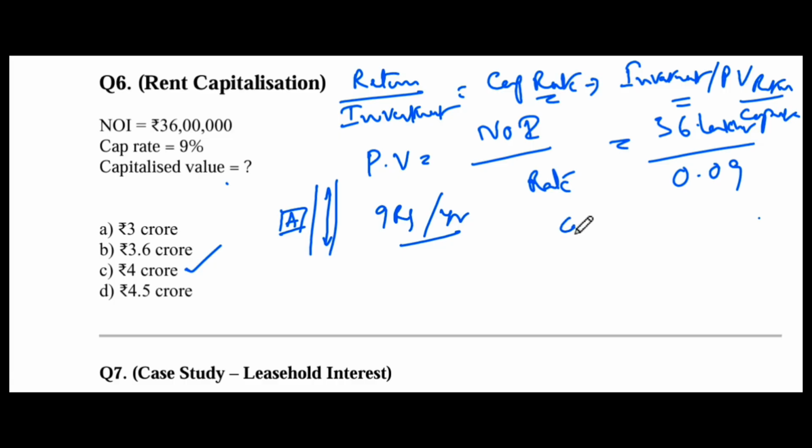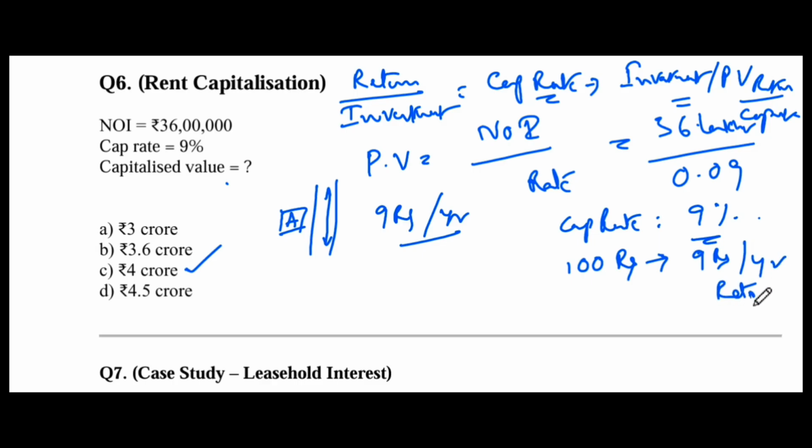If the cap rate is 9%, that means for every 100 rupees I put for the investment right now, per year I will get 9 rupees return. This is the return percentage subject to the investment I put before.